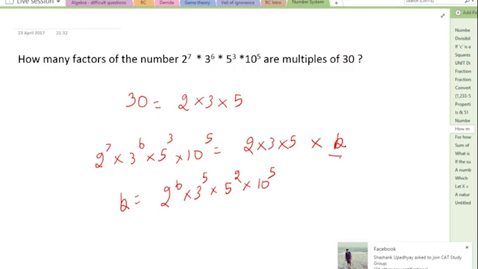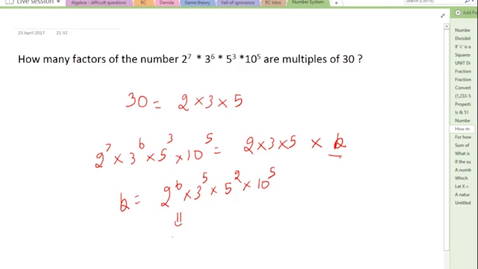We have said that we need to find those numbers which are multiples of 30 and divide the number that has been provided to us, right? And how do we do that? We say that let there be a number k which when multiplied by 30 gets this number. Now if you get any factor of k, 30 into that number will be a factor of this big number.